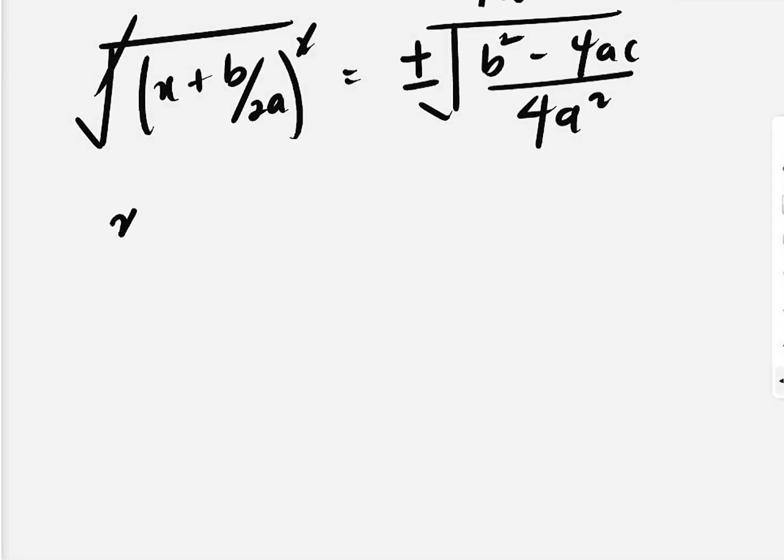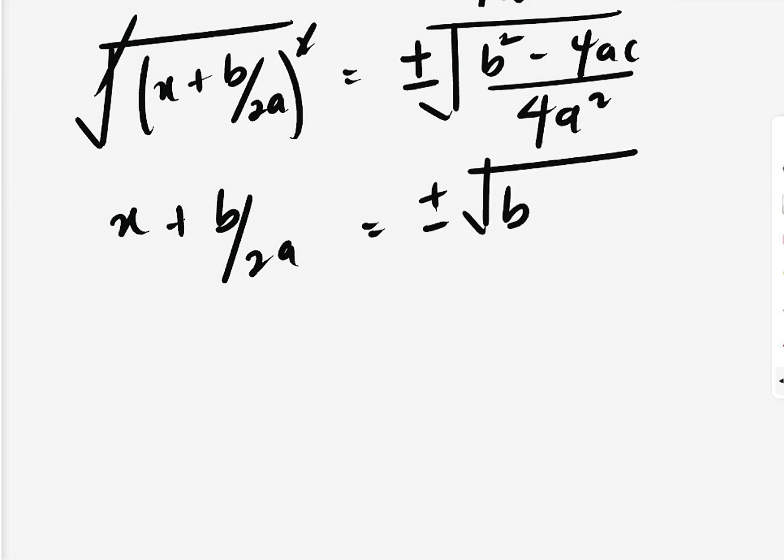So we have x plus b over 2a equals to plus or minus. Then we know we cannot square root this part, so it will have its own square root. But the denominator we can square root, because it's not a binomial, not a trinomial, not a polynomial. With 4 here, we have a square here.